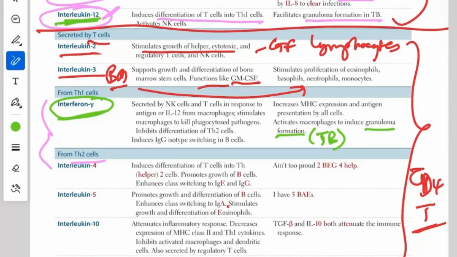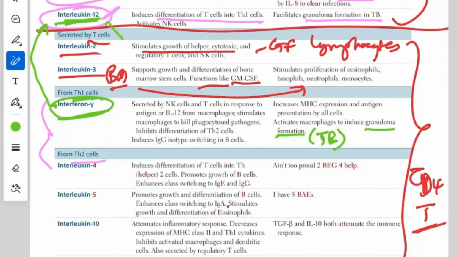And the most important, interleukin 12, we said from the innate macrophage. Interferon gamma, TH1 or activated CD4 positive T cell. So interleukin 12 coming from the macrophage stimulates the CD4 to become TH1. Once the CD4 is activated, it produces interferon gamma to go and stimulate the macrophage.